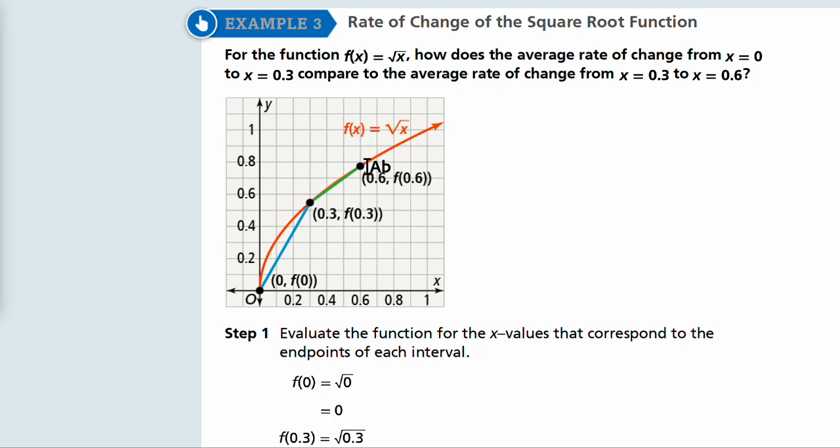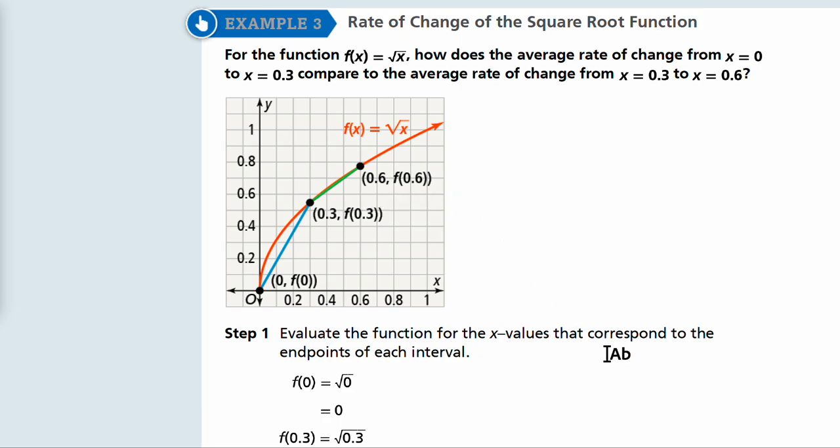But then the slope between the interval 0.3 and 0.6 seems like it went up about 0.2 units over 0.3, this minus that. So 2 over 3. So 5 over 3 is very different from 2 over 3.